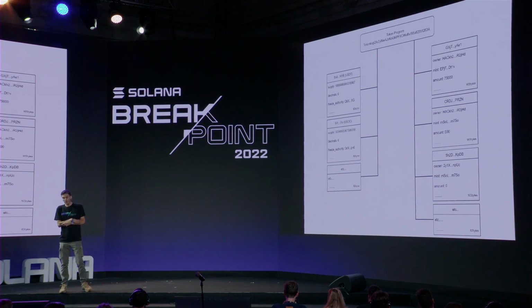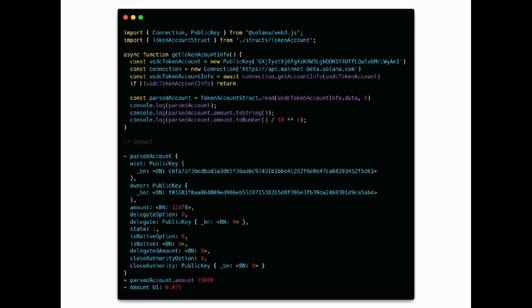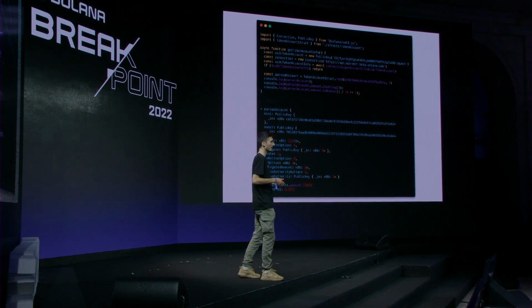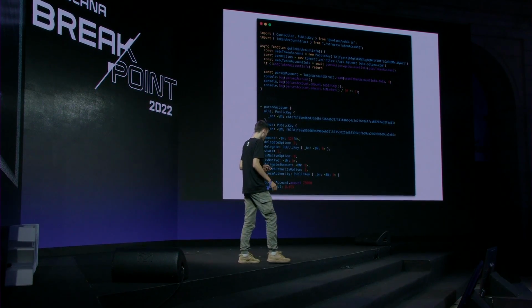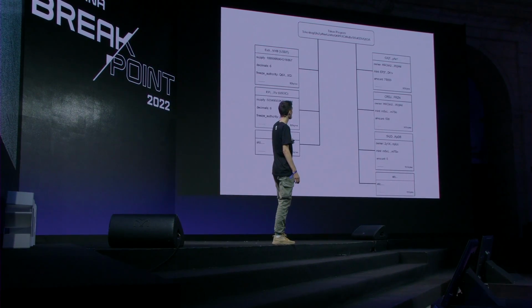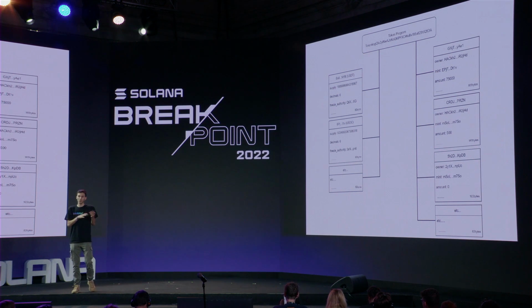But what we'd like to do is, on the previous slide, you can see that here it's the address of my account, and we paste the address here. But let's say you don't know the address that you want to fetch, because this address is hard-coded, and usually you don't know this address. So one thing that we'd like to do is, let's say the token program has a lot of token accounts, and maybe fetch all the token accounts belonging to a specific user.